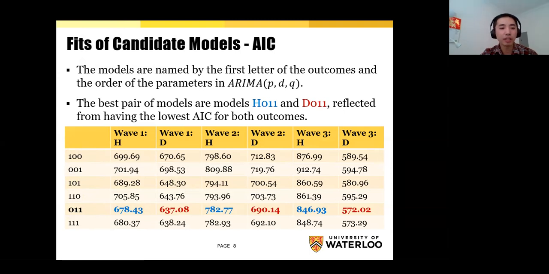And the naming system, as you can see, the nomenclature, is based on how many parameters you are including for the autoregressive part, for the integration part, and for the moving average part. And of course, like I said before, you can include 2 error terms, which relates to the error term from the day before yesterday. But just for the sake of beginning, let's include just 1 and see what happens.